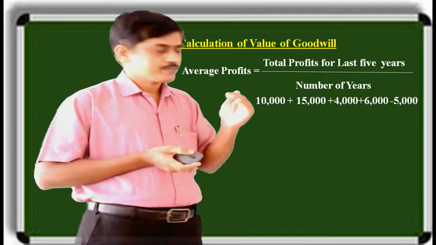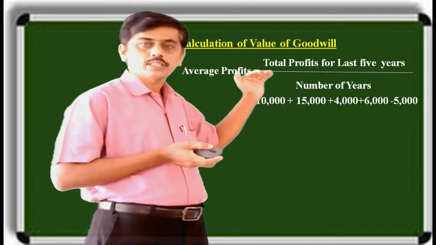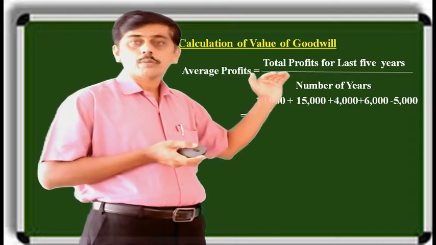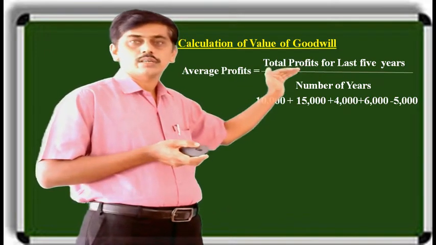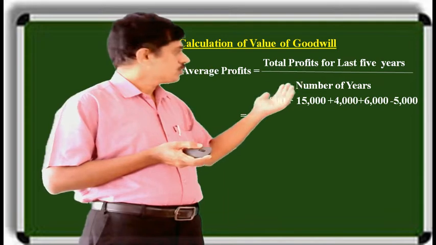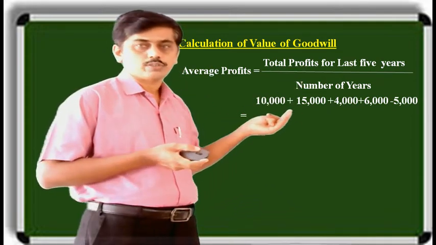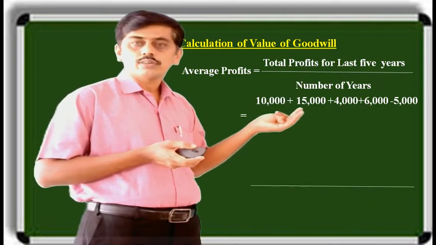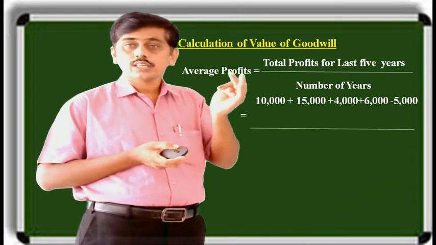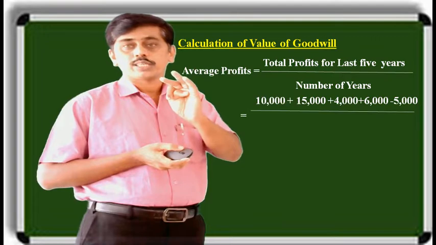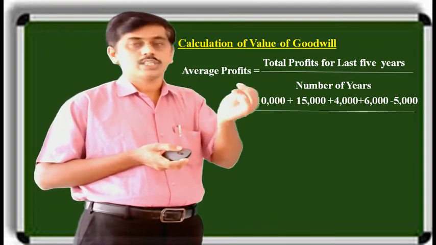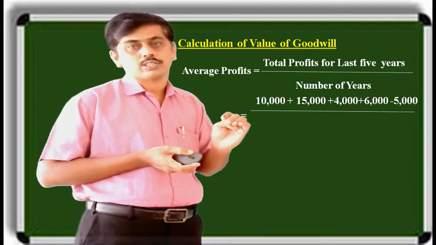So profit for the first year 10,000, second year 15,000, and third year 4,000. Fourth year loss of rupees 5,000, that is to be deducted, and fifth year 6,000 minus 5,000.